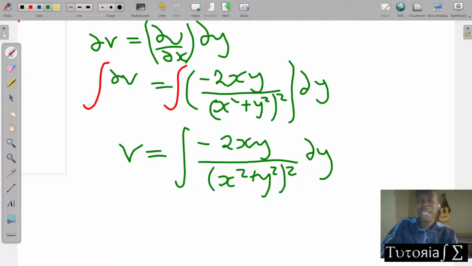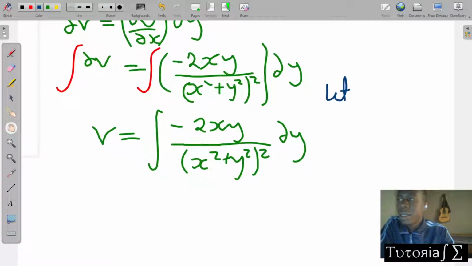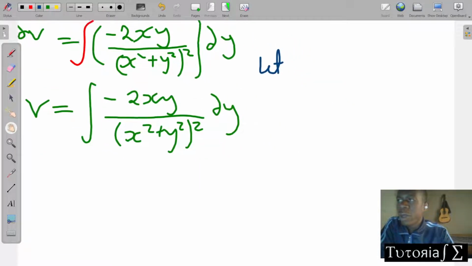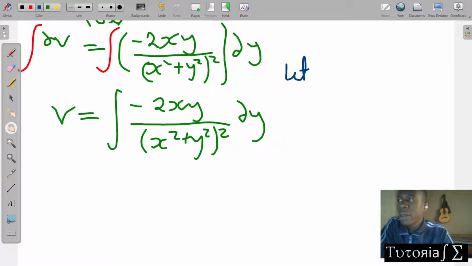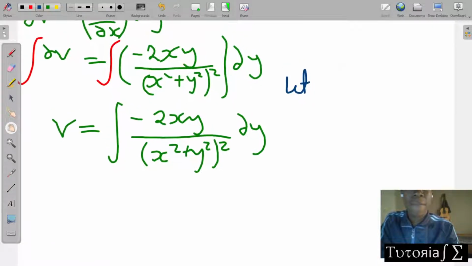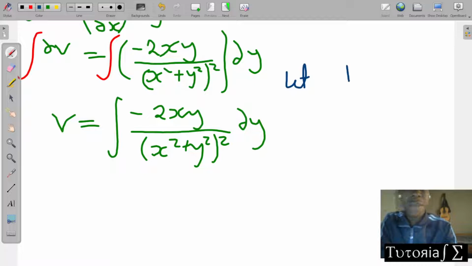I can make a substitution. I am going to let b equal what is inside here. So b equals x squared plus y squared.